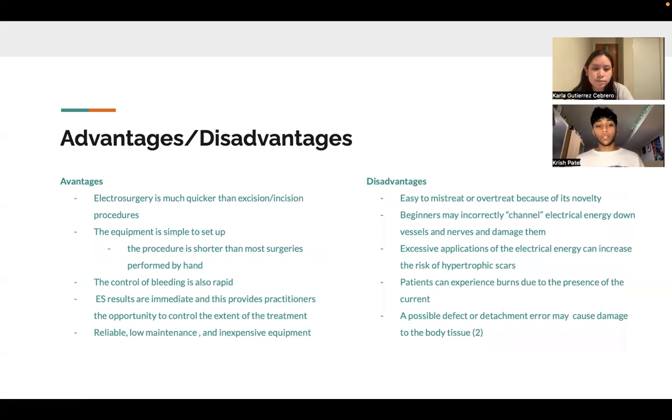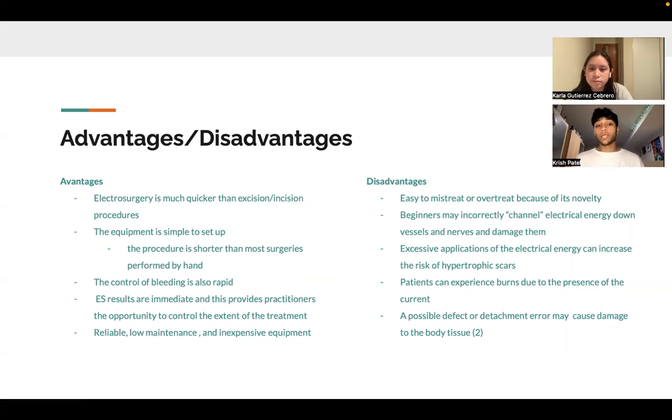Electrosurgery also enables extreme control of bleeding, and this is also very quick. ES results are immediate, and this provides practitioners the opportunity to control the extent of the treatment, how far they actually want to go in treating the patient. Now, electrosurgery is also extremely reliable, and involves low maintenance instruments and inexpensive equipment.